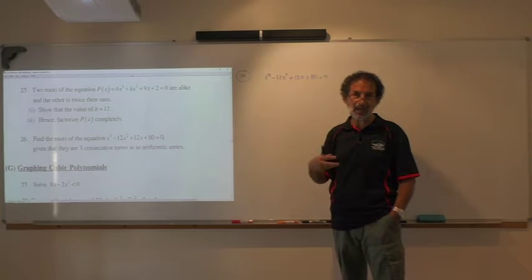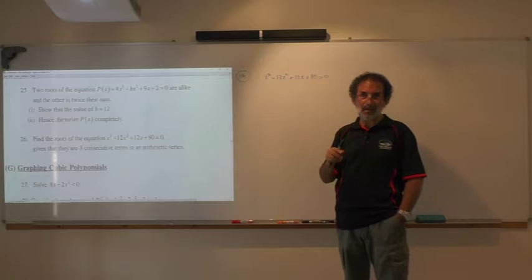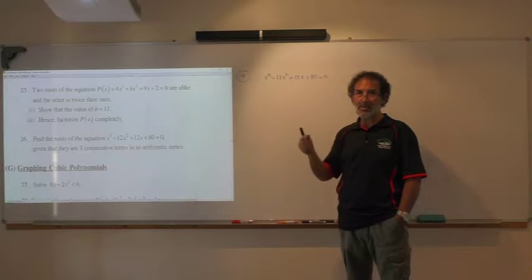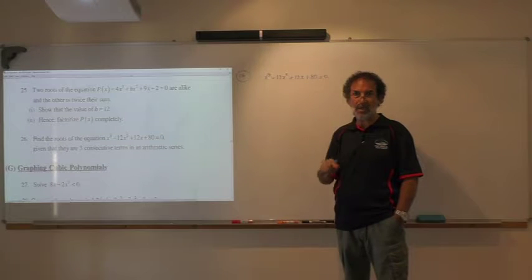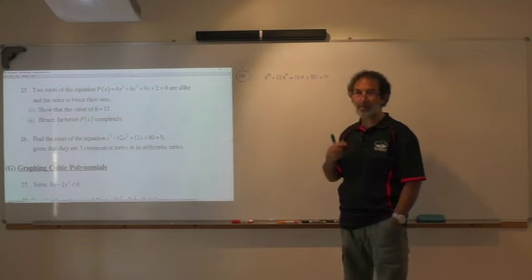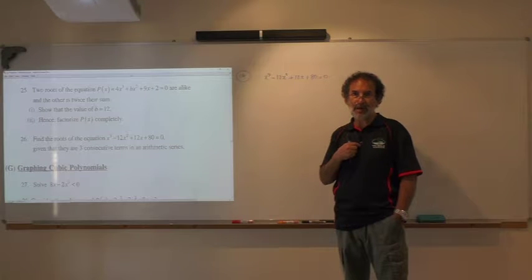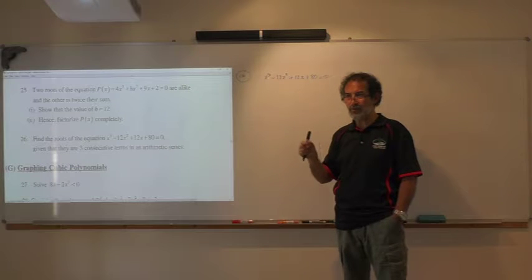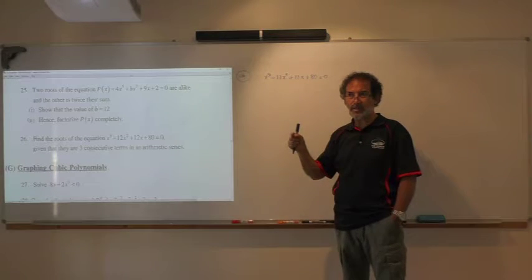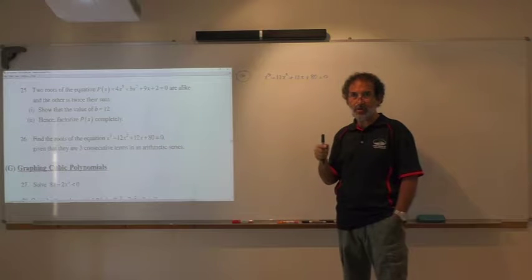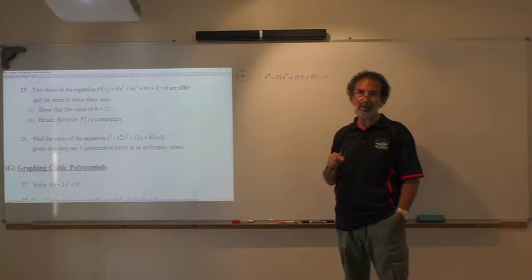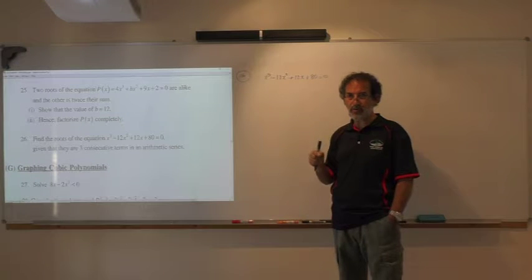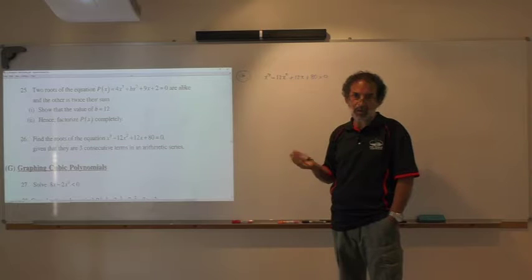Whenever the gap between one term and the next is constant, we say that is an arithmetic series. That constant is 2 in that particular case.